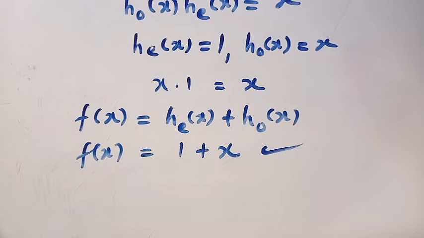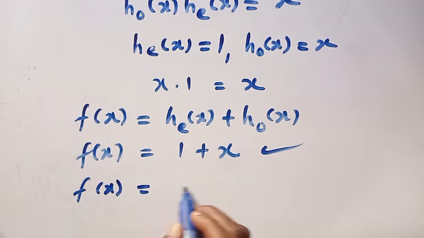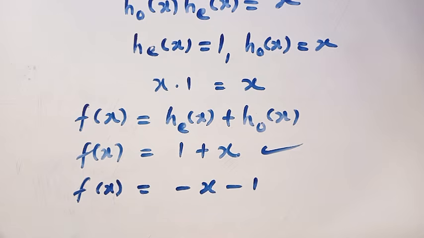And also looking at the negative part, since we have two possibilities, the other possible solution we can have is when f(x) equals minus x minus 1, or minus 1 minus x.